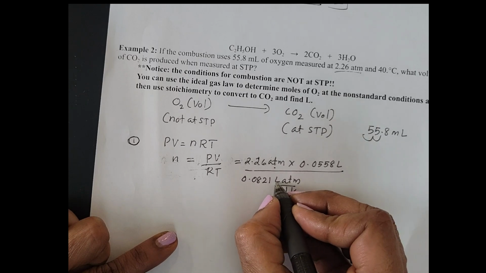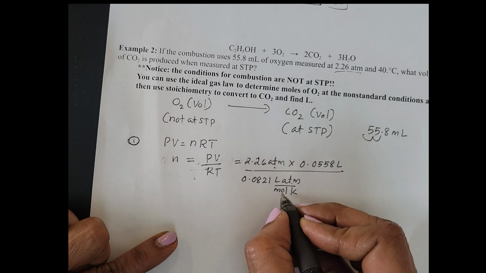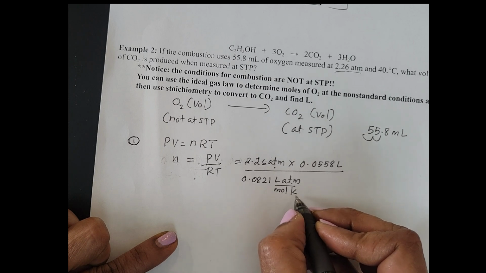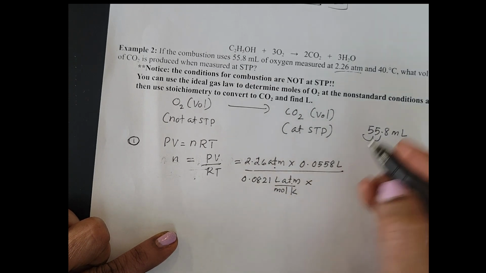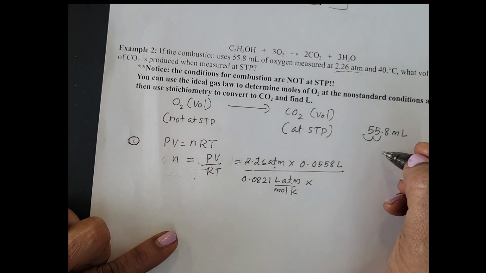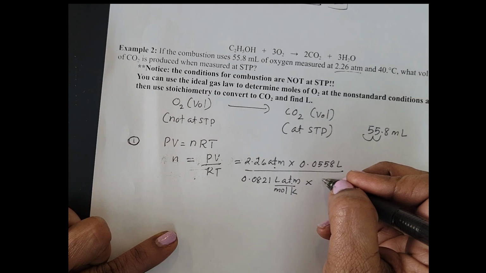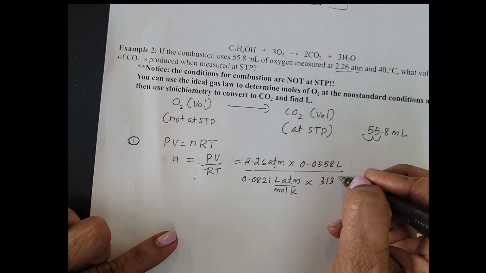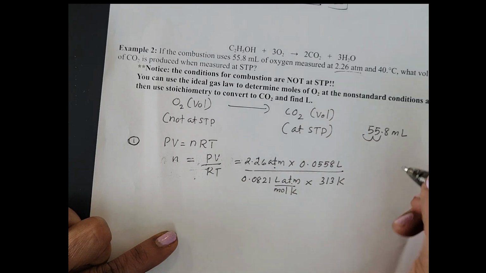Remember, volume must be in liters, pressure is in atm, and mole is always mole, and temperature is in Kelvin. And here temperature is given as 40 degrees Celsius. You have to convert that into Kelvin, which is 40 degrees Celsius plus 273, which is 313 Kelvin.